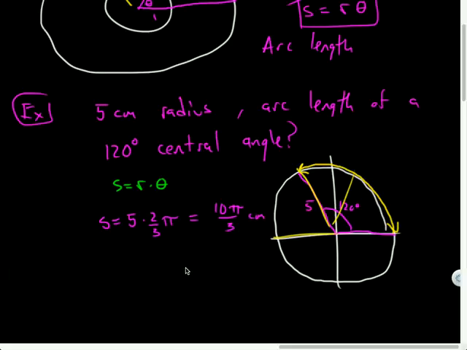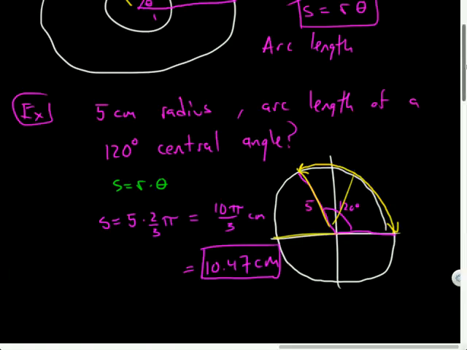And since this is a kind of a wordy problem, it would make sense for me to get the dimensions. So this would be 10.471. So 10.47 centimeters is how you could find the arc.